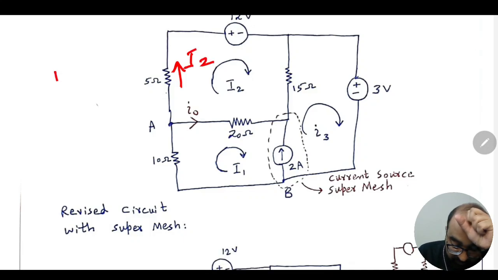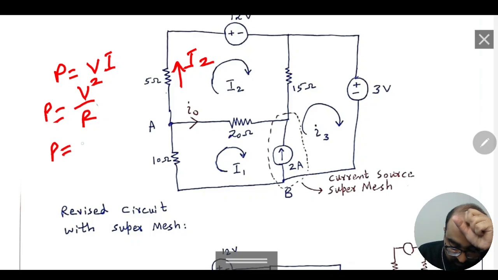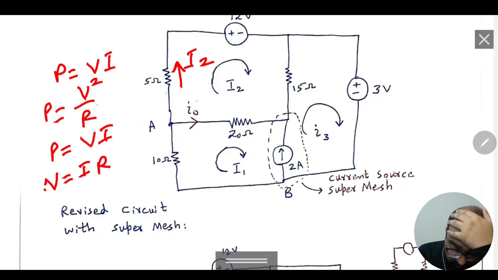We can easily calculate power, which is equal to VI, or you can use V squared over R. You can use any of these methods. Here you can calculate the voltage drop, which is V equal to IR. You know the value of resistance and the value of current flowing through it, so you can calculate voltage drops.